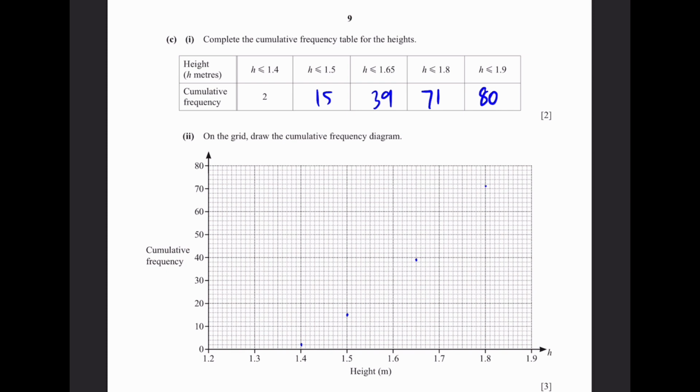And the final one, 1.9, 80. And now we can just connect the dots pretty much. Something like that. And of course you need to be able to see exactly where the points are, like this. Make it a bit larger if you can't see it already. And that's our answer.